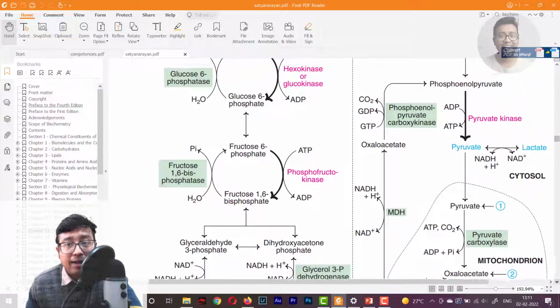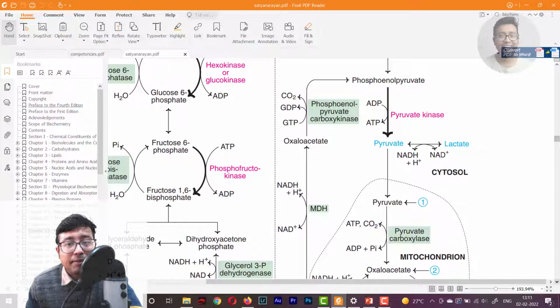And the pyruvate kinase step is a bit complicated to reverse, so we need 2 enzymes to reverse it. One is pyruvate carboxylase and one is phosphoenol pyruvate carboxykinase, abbreviated as PEPCK.